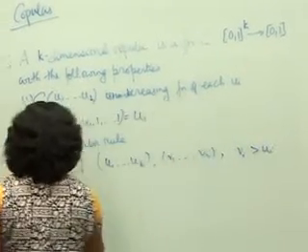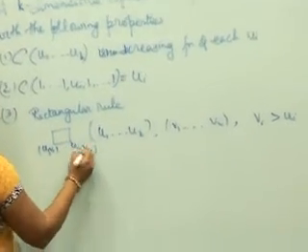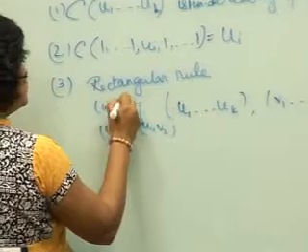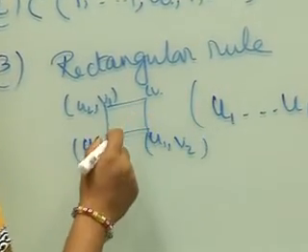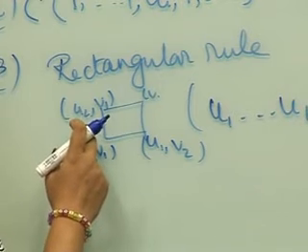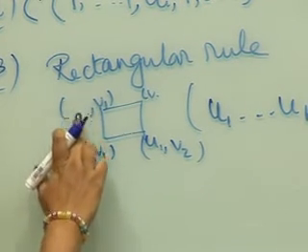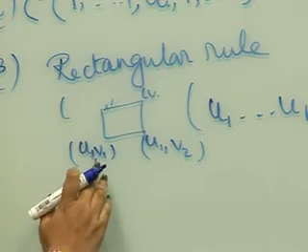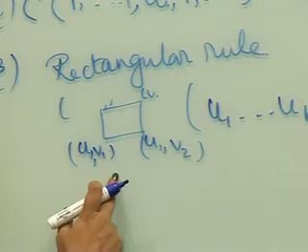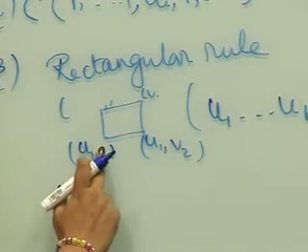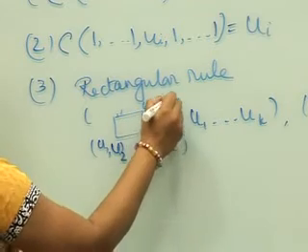So this is U1 V1, U1 V2, U2 V1. Sorry, U1 U2. So U1 U2 is this point, V1 V2 is this point.